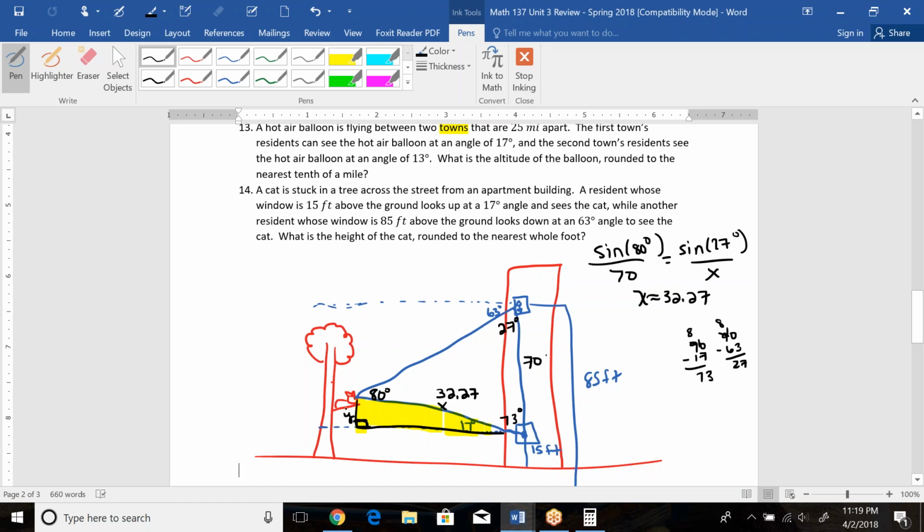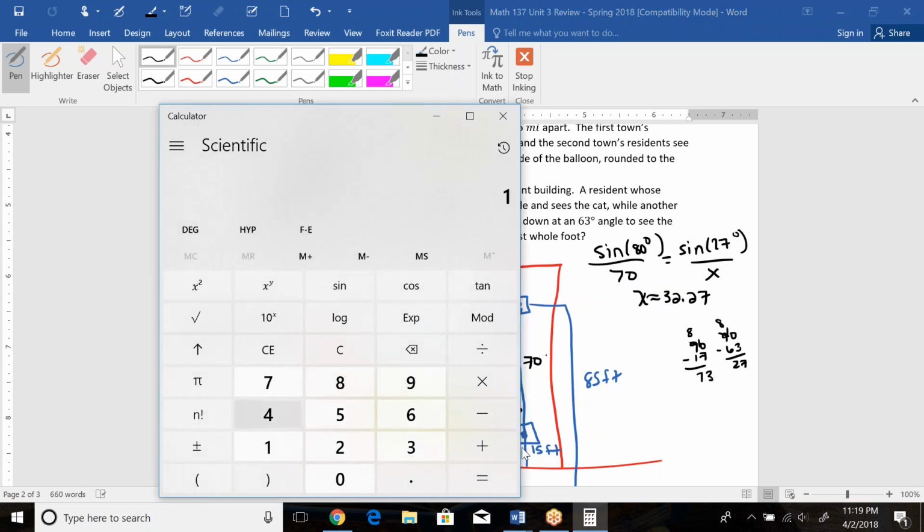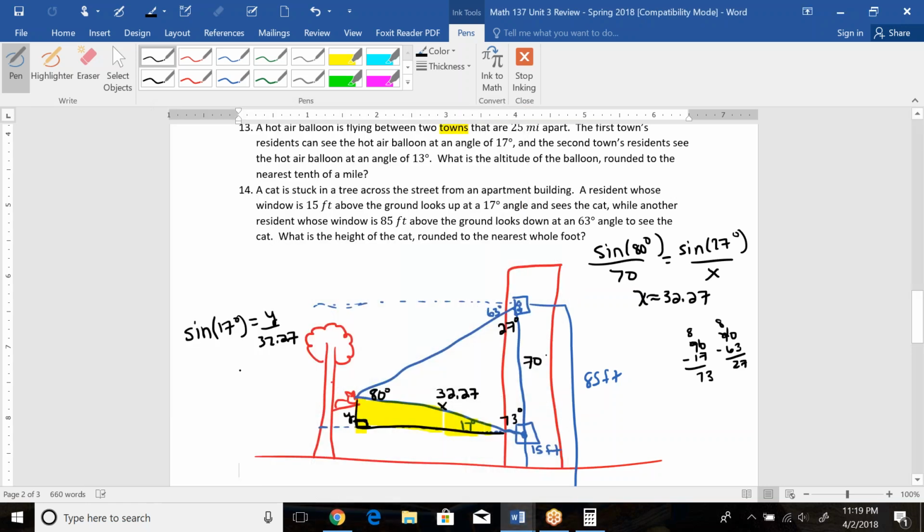Since this is opposite and hypotenuse, we're going to use sine. So sine of 17 degrees equals opposite, which is y, over this side we just found, 32.27. That means we need to do sine of 17 times 32.27, and that gives me 9.43.